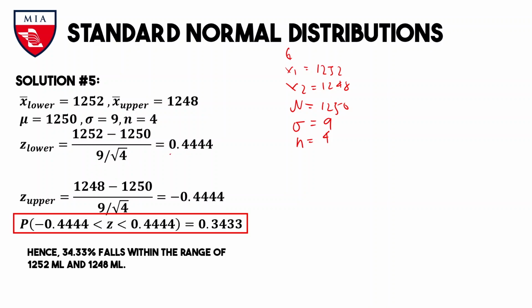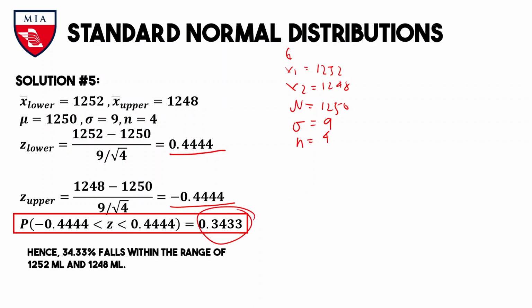So we have 0.4444, and for the upper, we just need to use the value of x upper here. So we have 1248, so we have negative 0.4444.